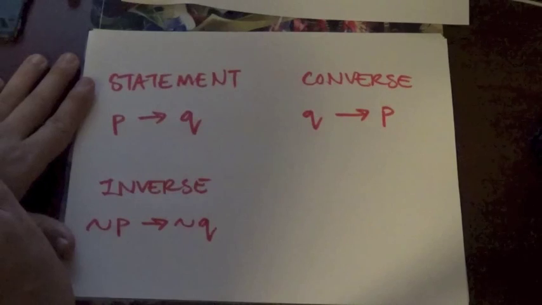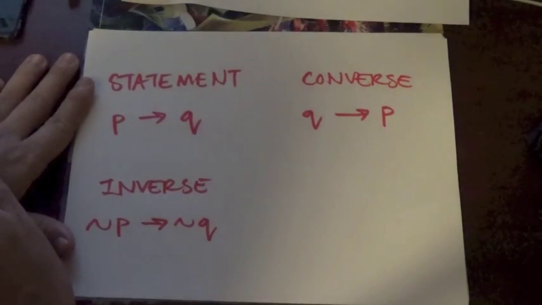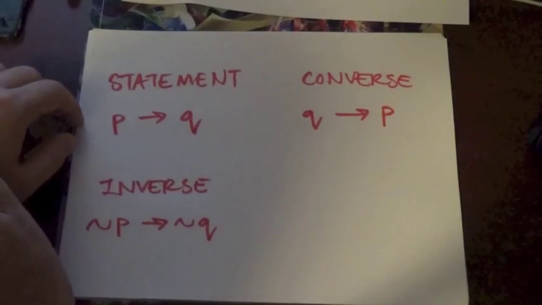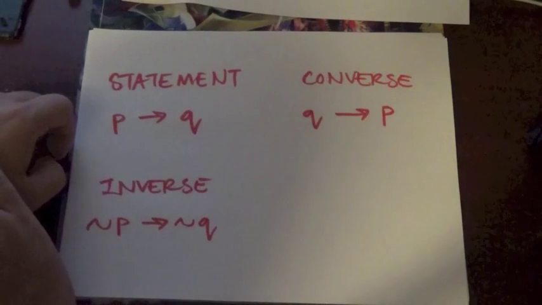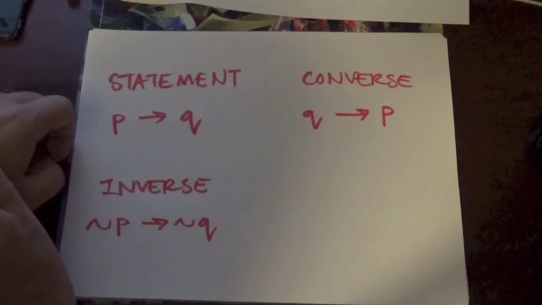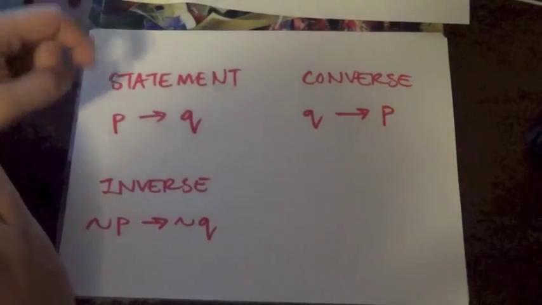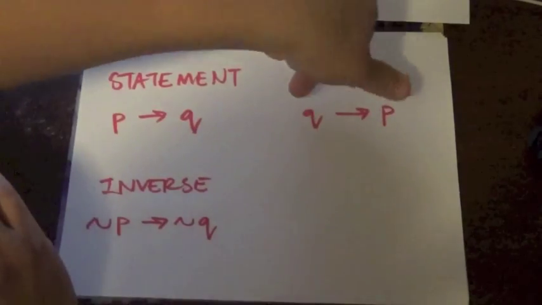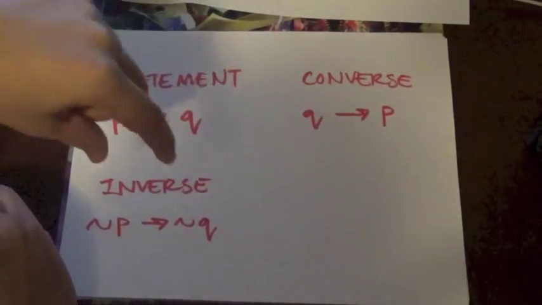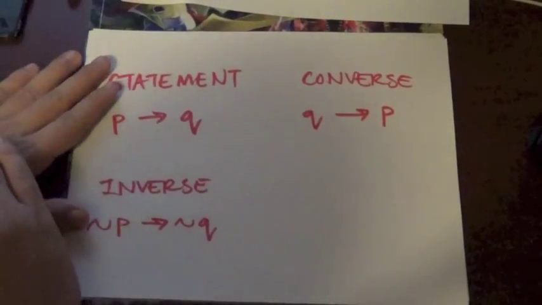For example, if you had the sentence, if it is sunny, then it is not raining, that doesn't mean that if it is raining, then it is not sunny. Again, you can think of your own examples. But for now, you need to know that the converse is formed by switching the terms, and the inverse is formed by taking the opposite.